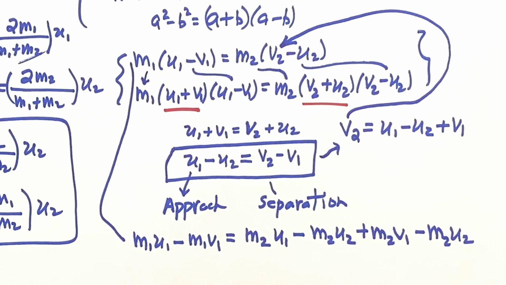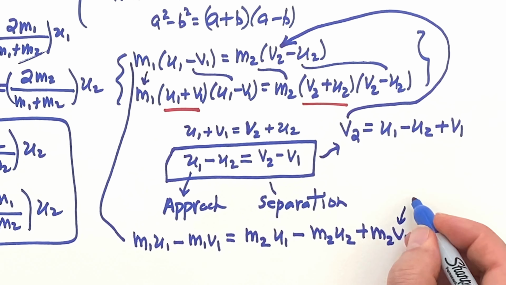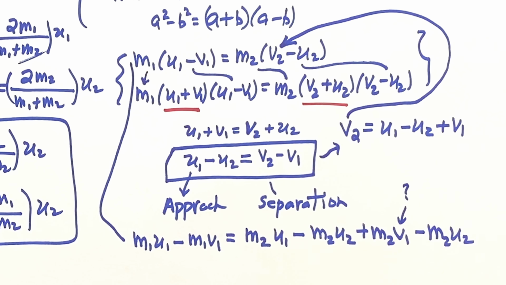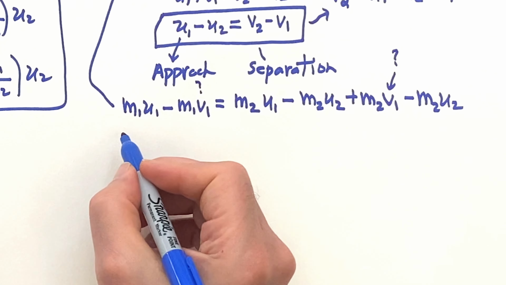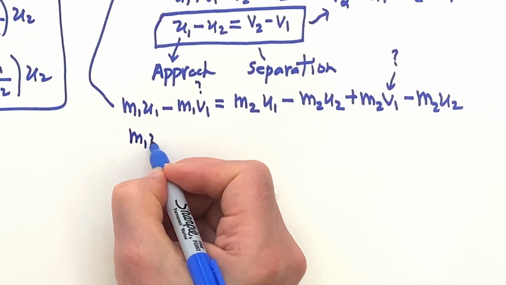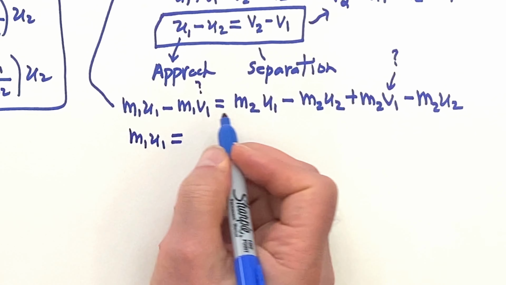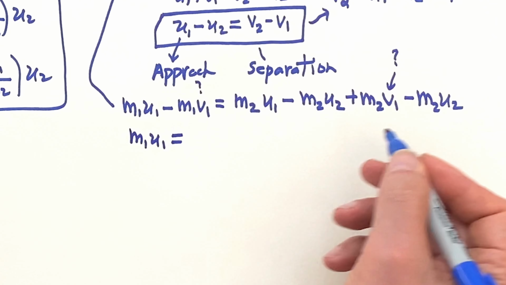So we want to solve for V1. So we're really after this. What is V1? That's what we want to isolate here, and there's one over here. So we need to get the V1s together. So let me do that by writing M1 U1, and let me bring this to the other side where the other V1 is.